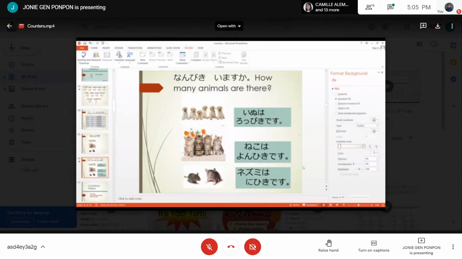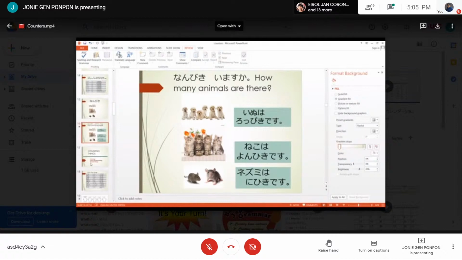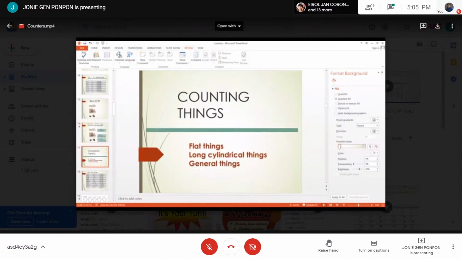Next, let's go to counting things. Since it's an object, you can answer by using the suffix tsu: hitotsu, futatsu, and so on, up to ten.